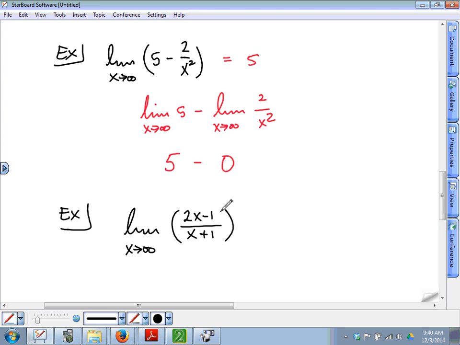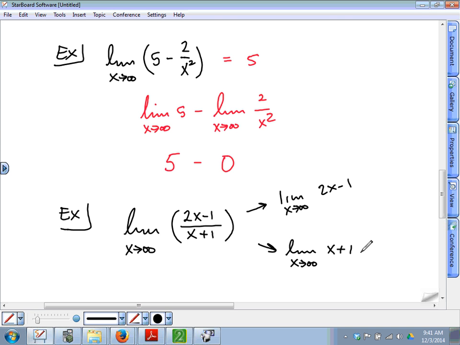One of the properties that we learned a long time ago is you could take the quotient of these limits. I would just plug in infinity. So if we did the limit as x approaches infinity of 2x minus 1, and then a separate limit as x approaches infinity of x plus 1, we could divide them.